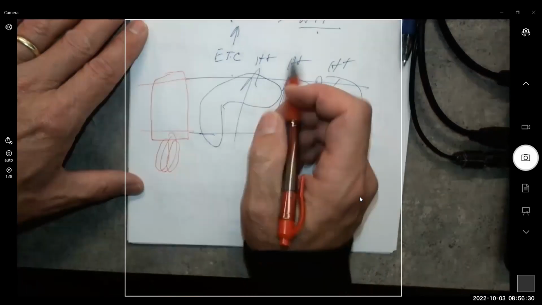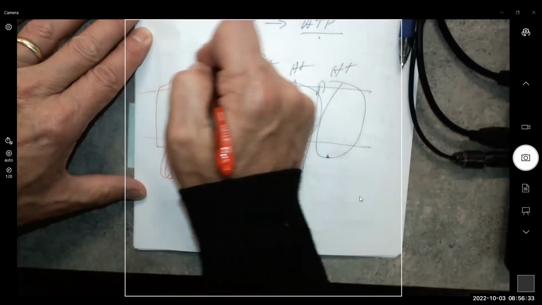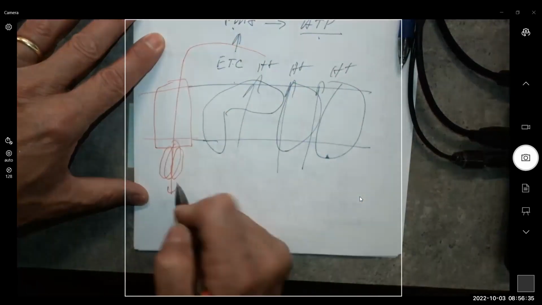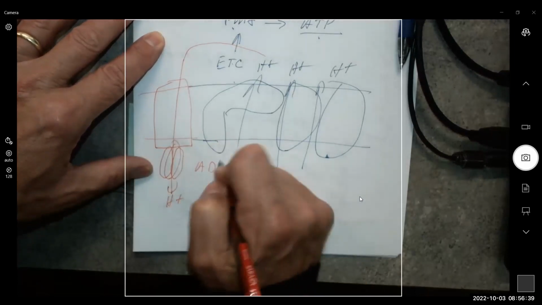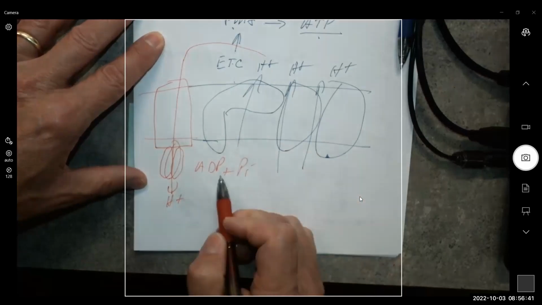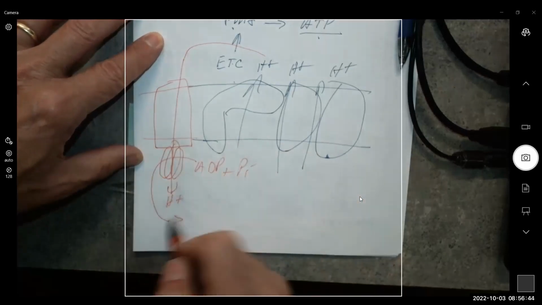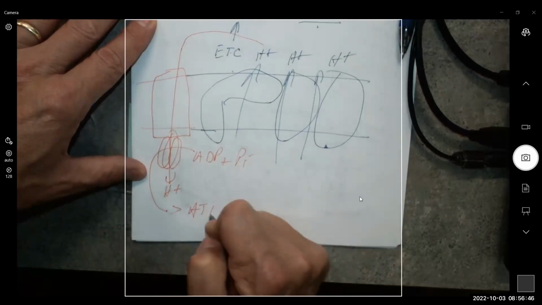The ATP synthase readmits them, but if you readmit them, you pay a toll. That toll is the synthesis. You take ADP and an inorganic phosphate, and you use that to make ATP.